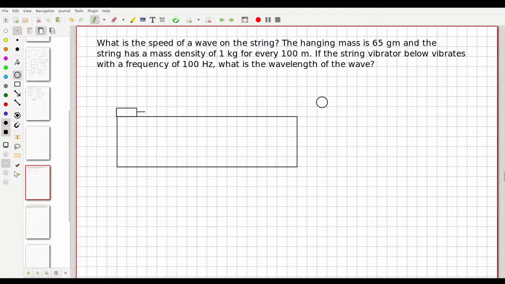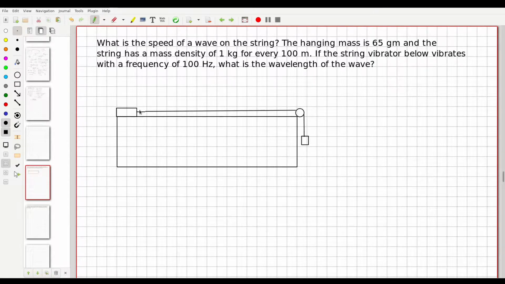Now, in the experiment, you take that string and put it over a pulley, and what keeps the string taut is that on the other side of it, if you will, is a hanging mass. Okay? So it looks a little bit like this.